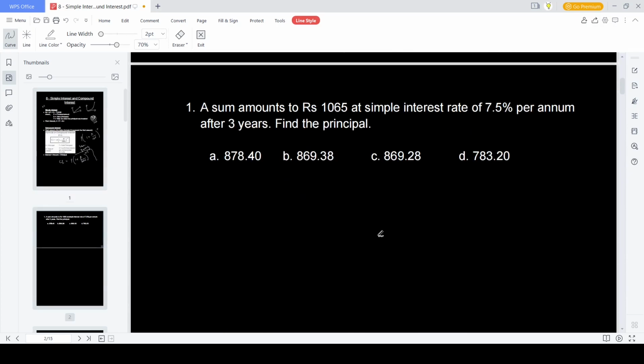A sum amounts to rupees 1065 at simple interest of 7.5 per annum after 3 years. Find the principal. We know that simple interest is equal to PTR by 100. But here, amount is given by simple interest plus principal.